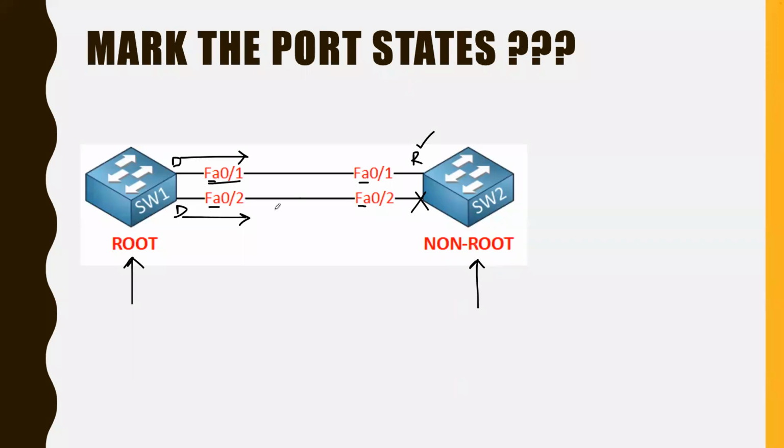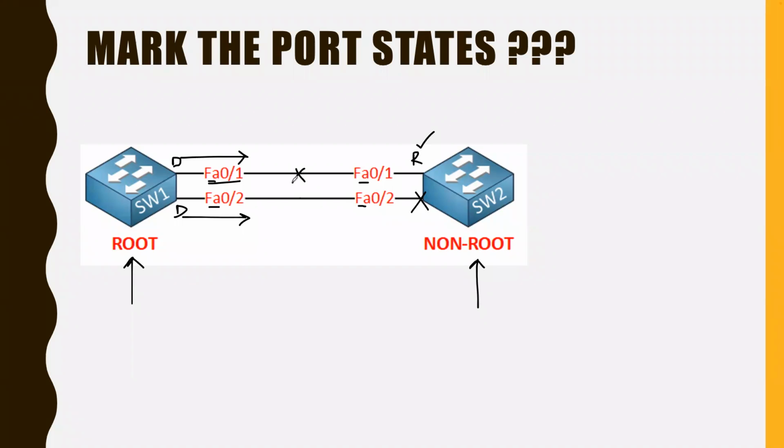I have one question, Gaurav. Yes, go ahead. Suppose these two links are there, and the link going from switch 1 to switch 2, FA0/1, goes down. In that scenario, would it automatically recalculate and change?